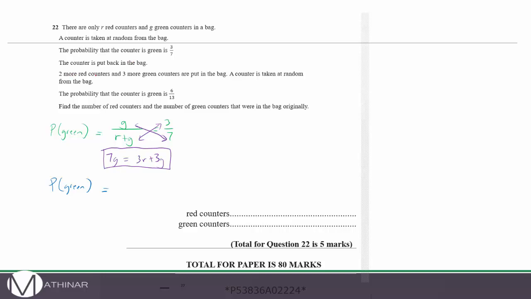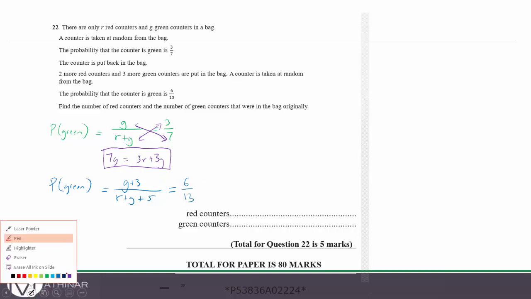We add 2 more red and 3 more green. So the number of green now is green plus 3. And then the total number of counters is the original, which was R plus G, and then we've added 2 red and 3 green, so there's 5 more counters in the bag. And this is equal to 6/13.